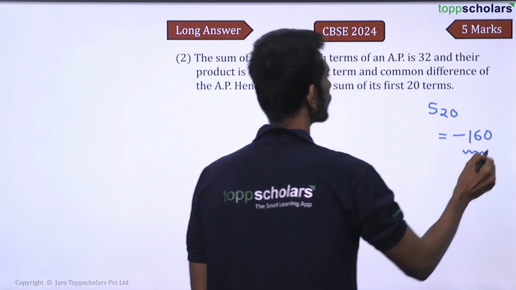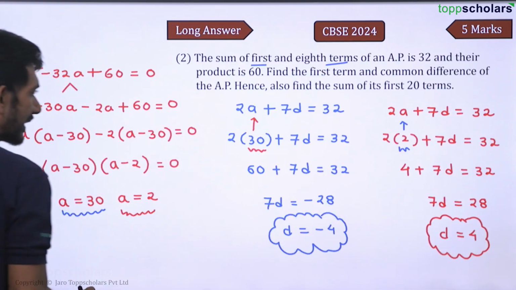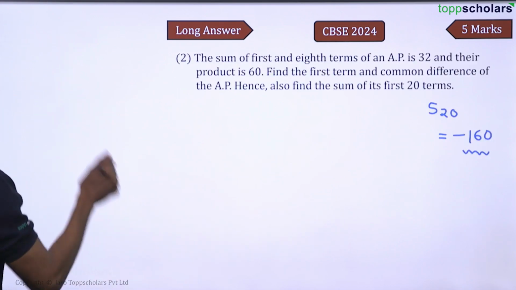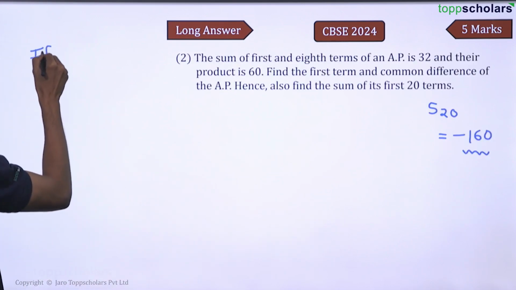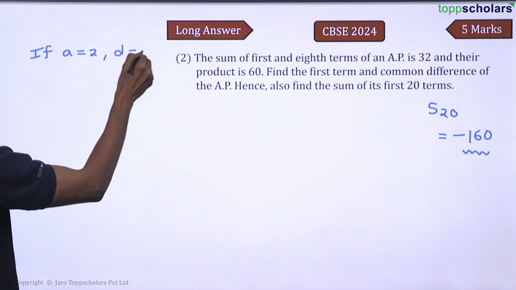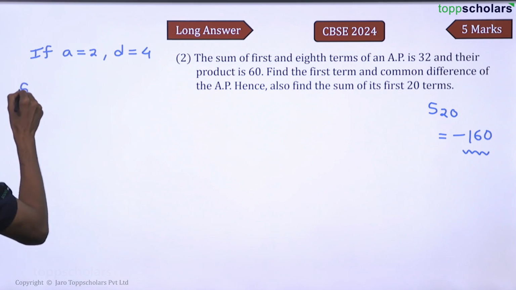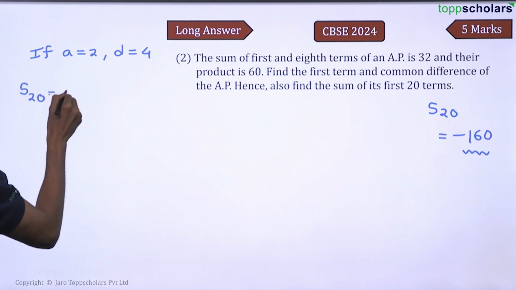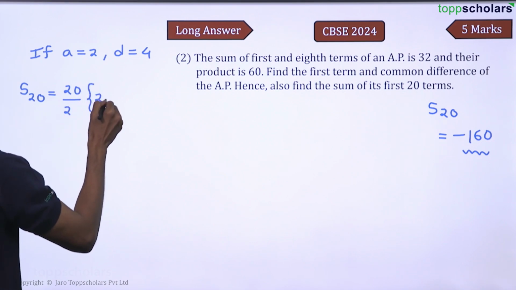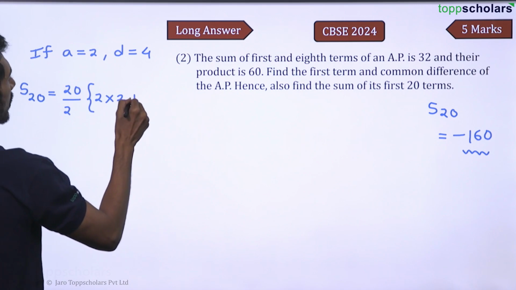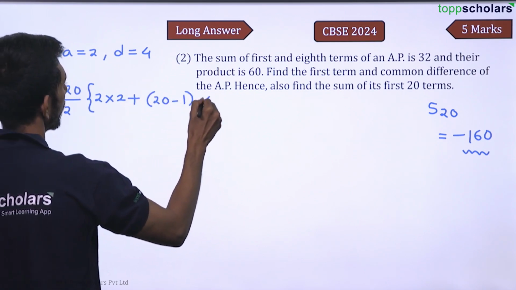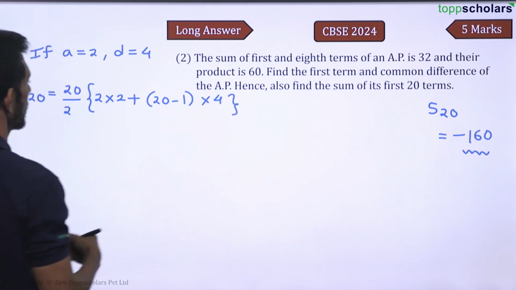This is one of the options. But again, if you see the previous slide, if A is 2 and D is 4, we have S20 is equal to 20 by 2 into 2 into 2 plus 20 minus 1 into 4, right?